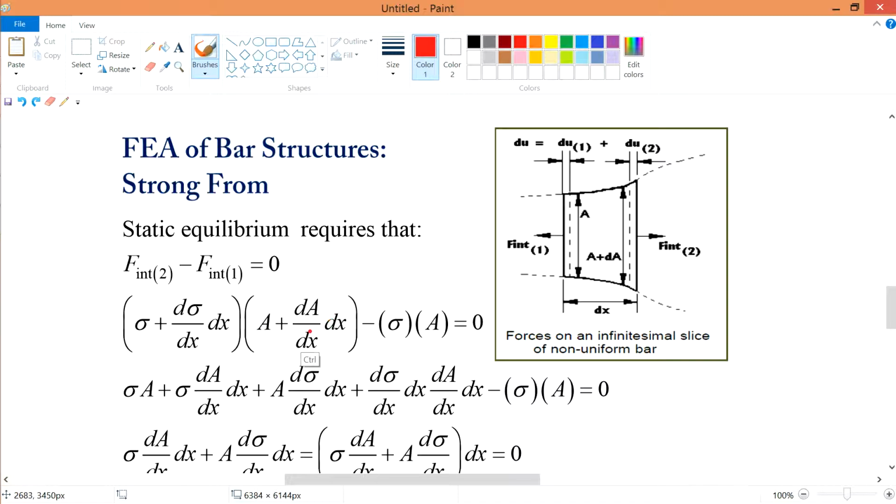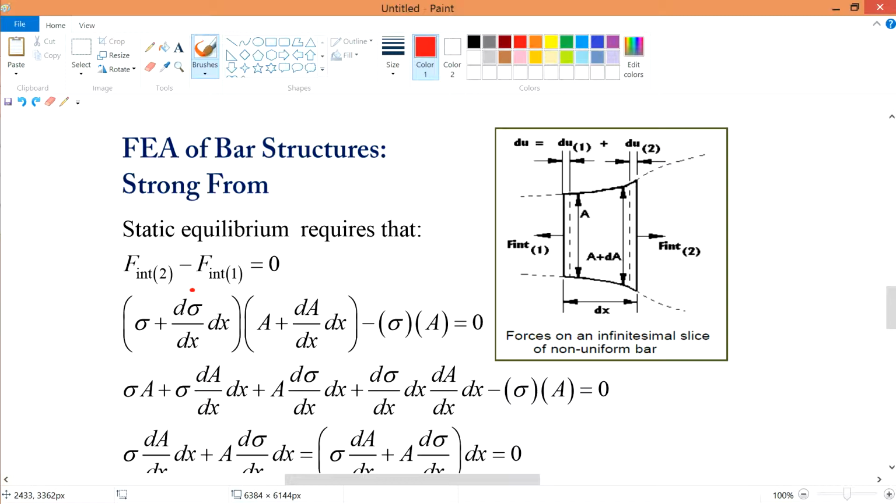And then A plus a small change dA across a certain change of dx multiplied by dx. Alright, so it's simply telling you that A plus dA, and then stress plus d stress. That's because the small change of stress is due to the small change of dx.